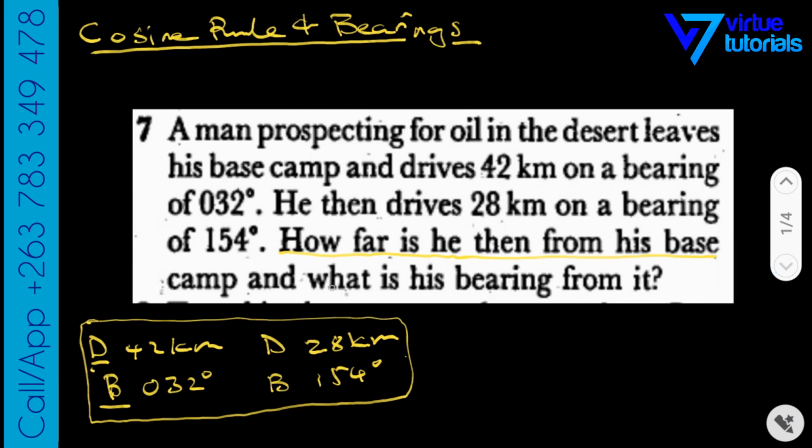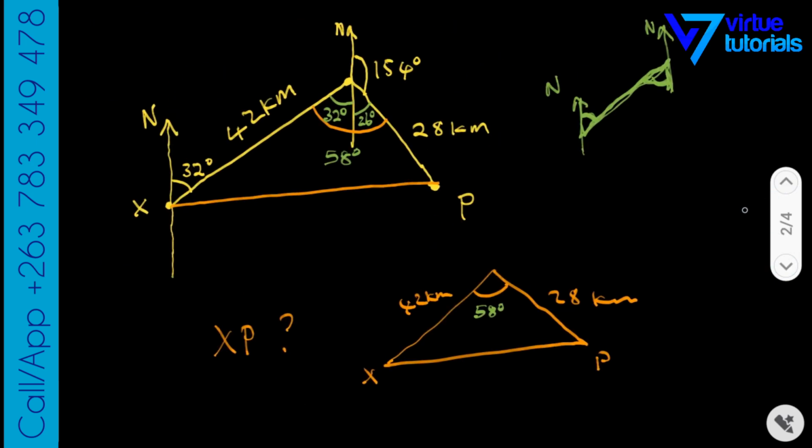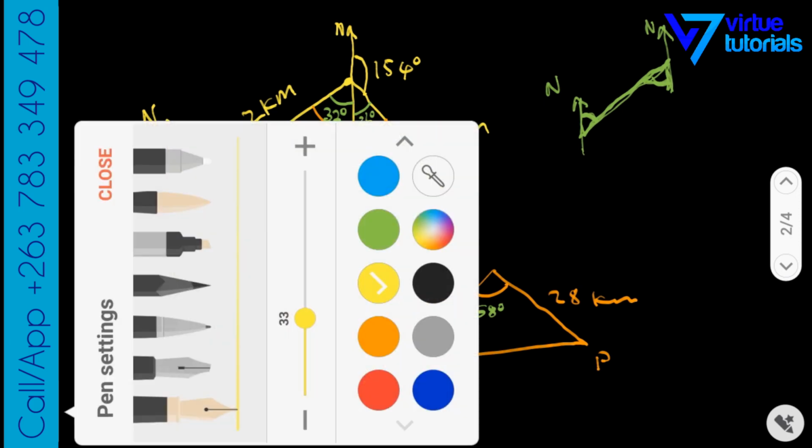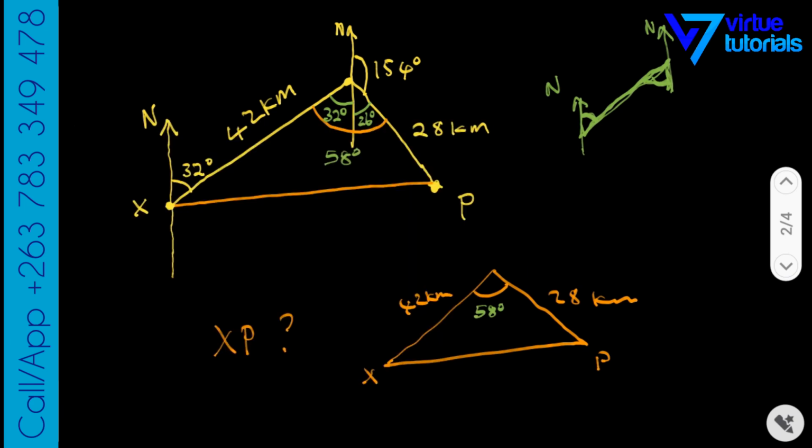The second part is, what is his bearing from the base camp? So we need to know now he's here, right, at P, and we want to find his bearing from there, right? So what you need to do, you need to go to the base camp. Let me just use red.